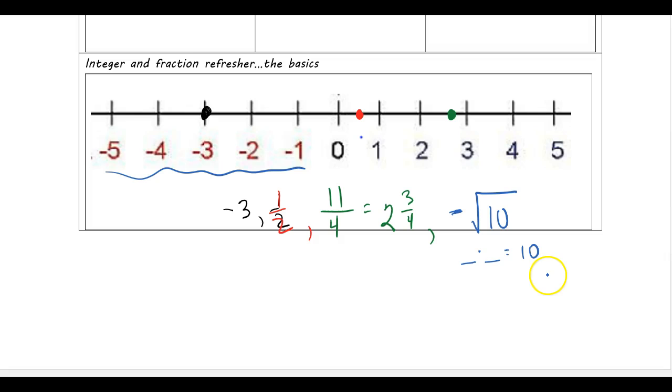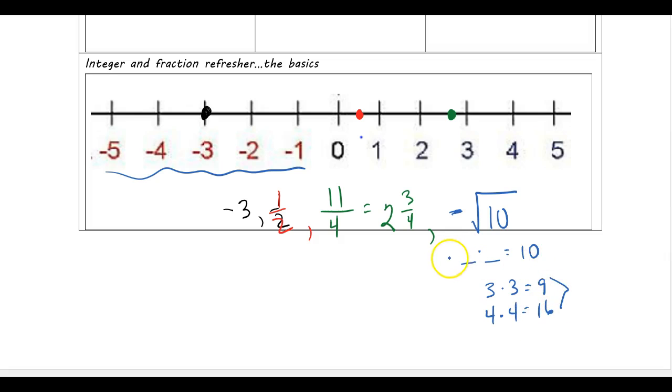Well, if you look at your list, we wrote down that 3 times 3 equals 9, and 4 times 4 equals 16. So since 10 is between these two, my answer is going to be between 3 and 4. And is it going to be closer to 3 or closer to 4? It's going to be closer to 3 because 10 is close to 9. Okay, so that's kind of how you approximate.